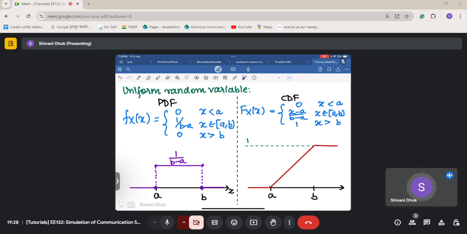So this is nothing but the CDF, Fx of x, and this is the PDF, fx of x, for a uniform random variable. Any questions?